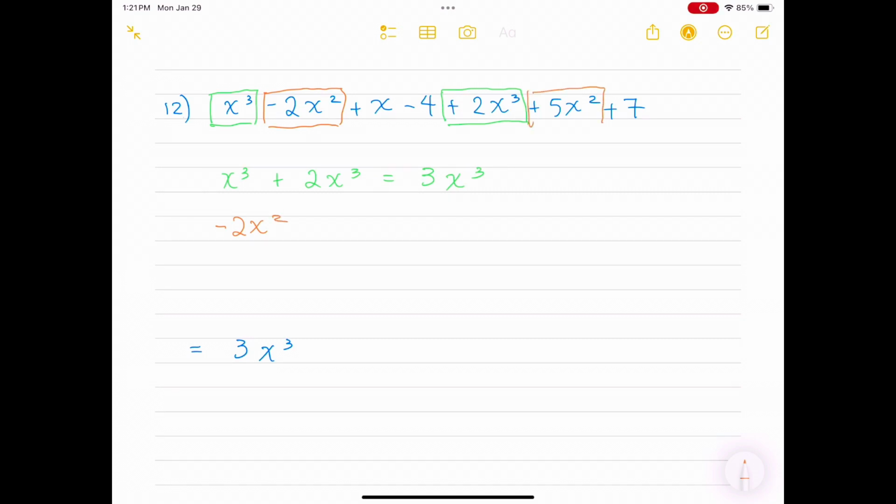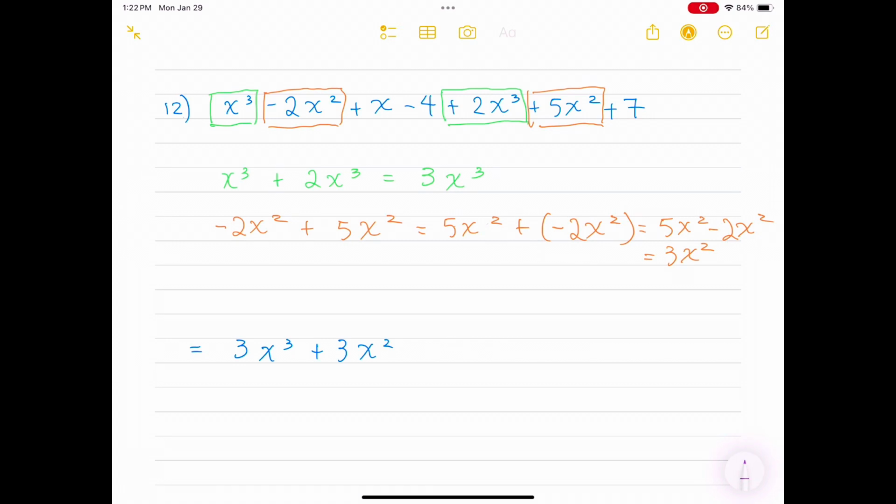Next, we gather minus 2x squared plus 5x squared, which, using the commutative properties of addition, we can think of as 5x squared plus negative 2x squared, or simply 5x squared minus 2x squared, which equals 3x squared. We now write that simplified term, 3x squared, next to 3x cubed down below to continue the problem.